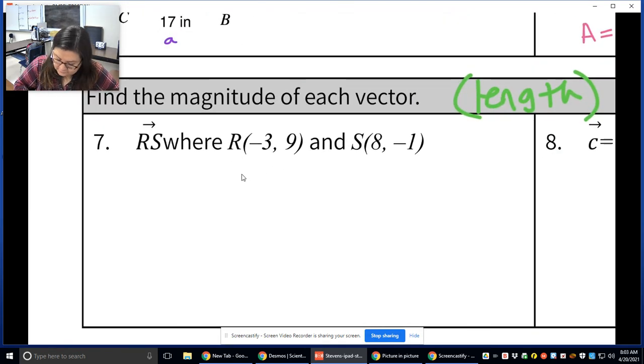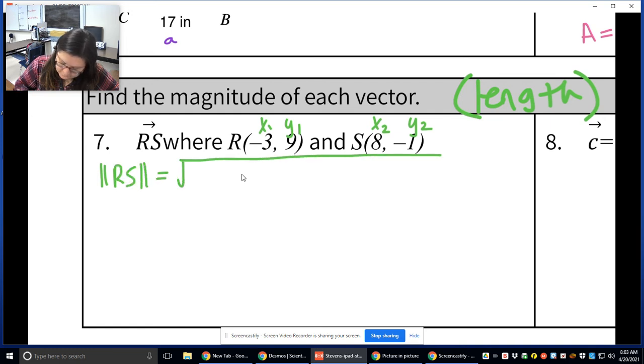So if this is x1, y1, and this is x2, y2, we use the formula. So magnitude of RS: we subtract the x's, so 8 minus -3 squared, plus we subtract the y's, -1 minus 9 squared.